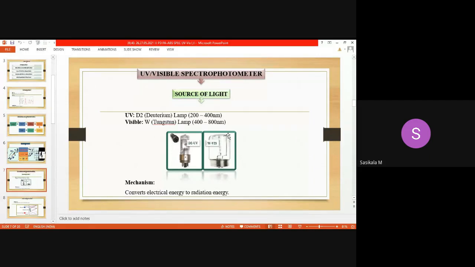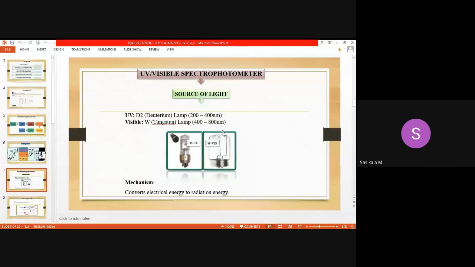It is what we use in our house for lighting purposes, made with a tungsten filament. It gives visible radiation, in the range of 400 to 800 nanometers. So together, D2 and W cover the UV visible range from 200 to 800 nanometer.